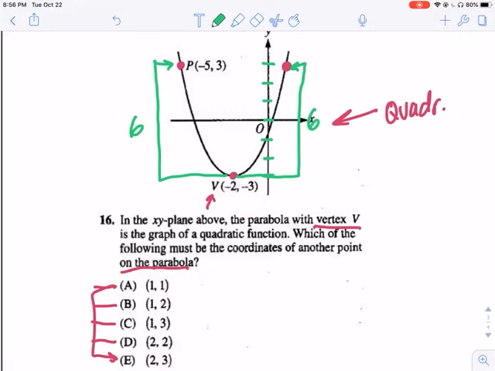Then going out this way, from -2 to -5 is 3 spaces. So I need to go 3 more spaces: -1, 0, and 1. That would be how I get to this space right here. So this point is 1, 3. 1, 3 would be my answer.